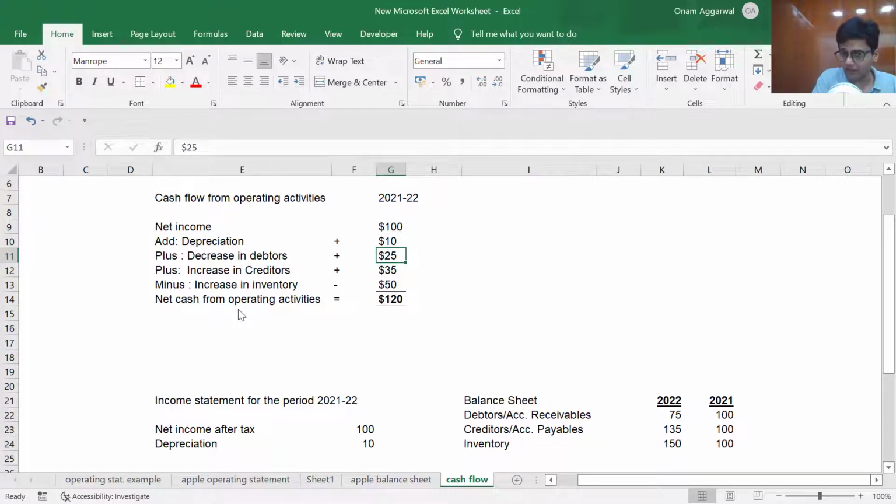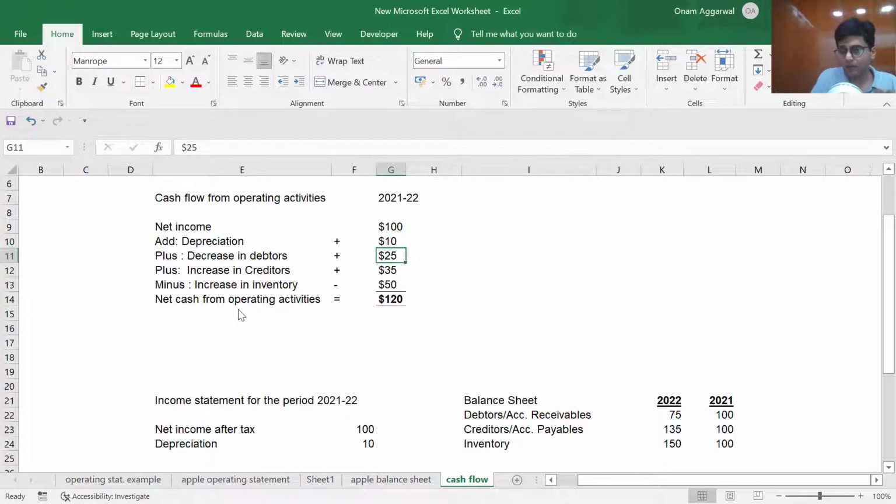When your debtors are being reduced or your current assets are being reduced, it means that those debtors are basically being converted into cash because those were current assets. This got converted into cash and this resulted in a cash increase in our business. So a decrease in current assets or a decrease in debtors resulted in a $25 cash inflow in our business.